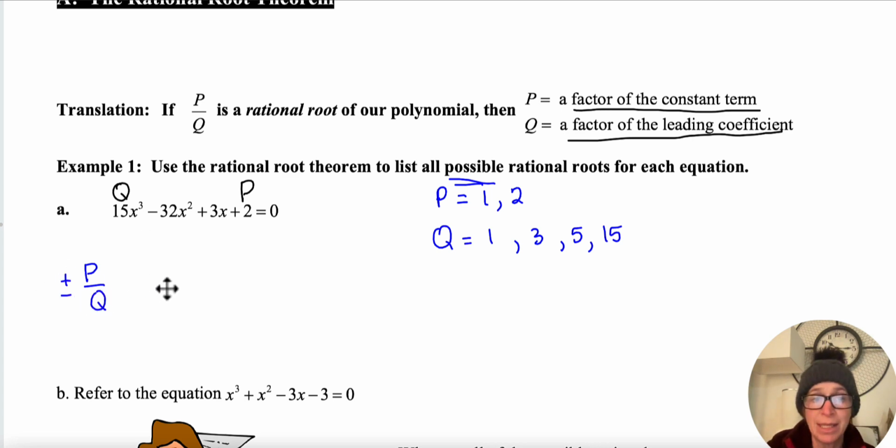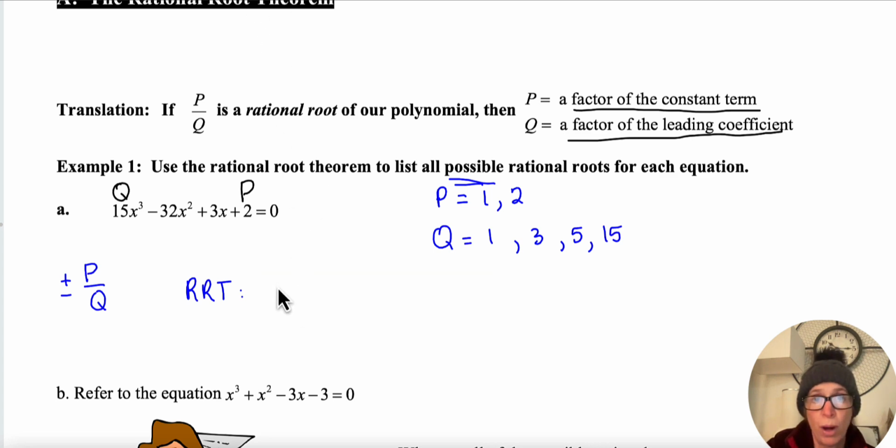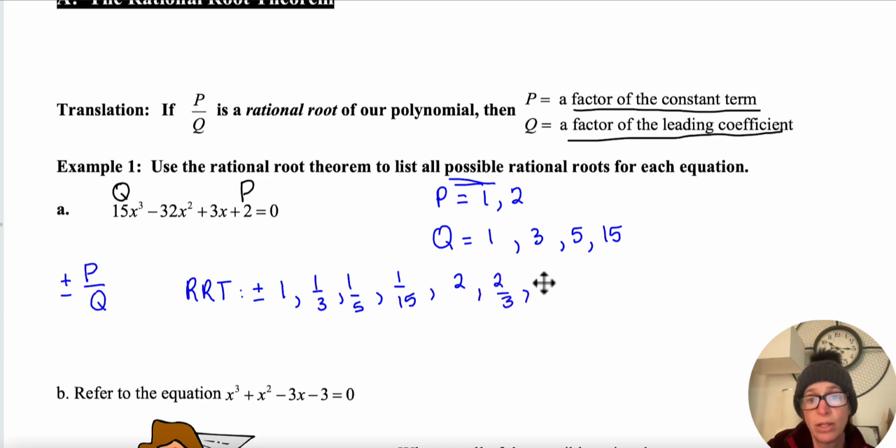Okay, so that means that our possible rational roots could be 1 over 1, so 1, 1/3, 1/5, 1/15, all with plus minus, 2, 2/3, 2/5, and 2 over 15. Okay, so all of these are possible roots to the equation.